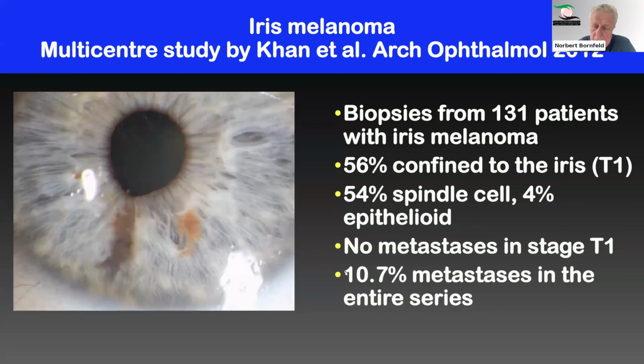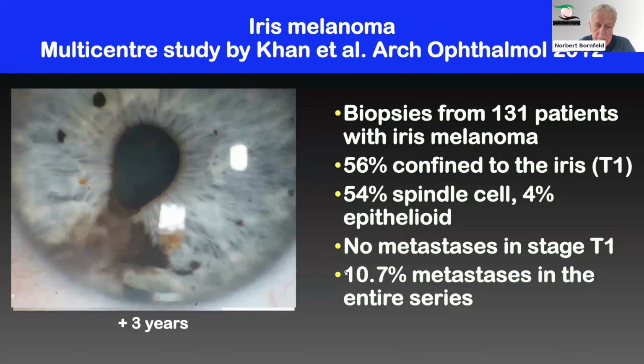These are tumors not touching the iris root. So whenever you see a pigmented lesion in the iris which does not touch the iris root, the risk of the patient getting metastasis is very low. In the whole series, the risk of metastasis is lower than in all other uveal melanomas. That's such a case with an iris melanoma, and 3 years later, the same patient.